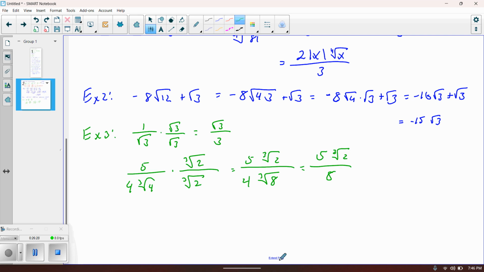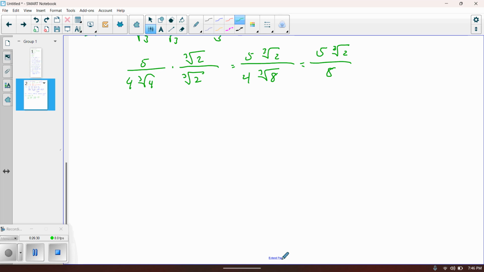All right, and the last example we'll do as far as rationalizing for now anyway, is if we have something like square root of 2 over square root of 3 minus 3 square root of 2. This one actually becomes a pretty important concept.